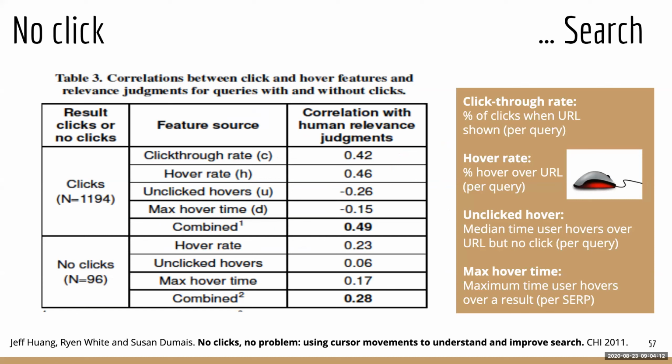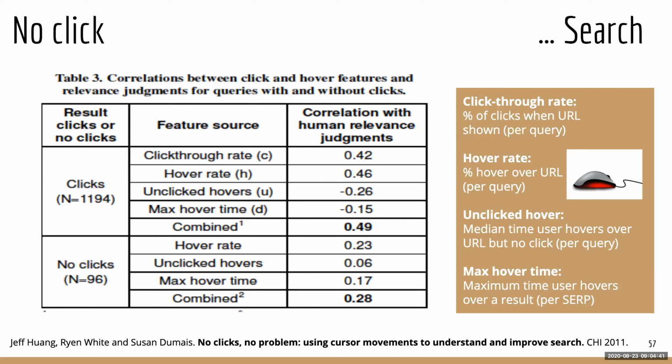This table summarizes interesting things. Click-through rate is the percentage of clicks when the URL is shown. Hover rate is when you move the mouse over a URL, per query. Click hover is the median time the user hovers over your URL but does not click. And max hover time is the maximum time the user hovers over a result across the whole search engine.